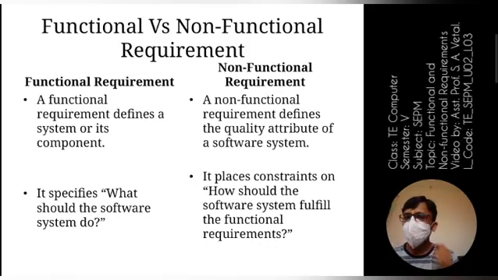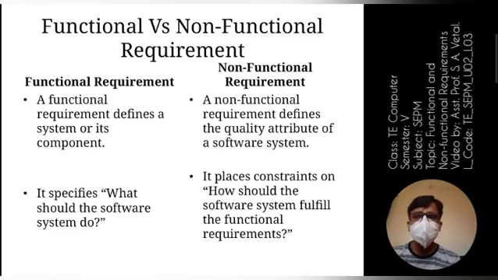The first column is functional requirement, and the other column is non-functional requirement. So let us see what is functional requirement. First point is, a functional requirement defines a system or its component. The functionalities that are provided by that system are nothing but the components of that system.